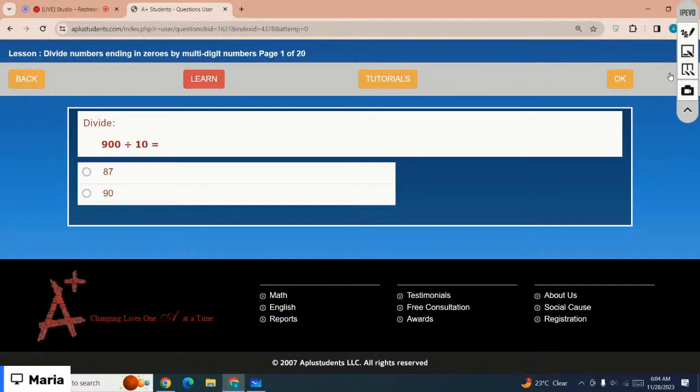Okay, the next one is 900 divided by 10. So let's only divide the non-zero values, right? 9 divided by 1 equals 9, and you have one extra zero. So it is 90. The correct option is 90, right?